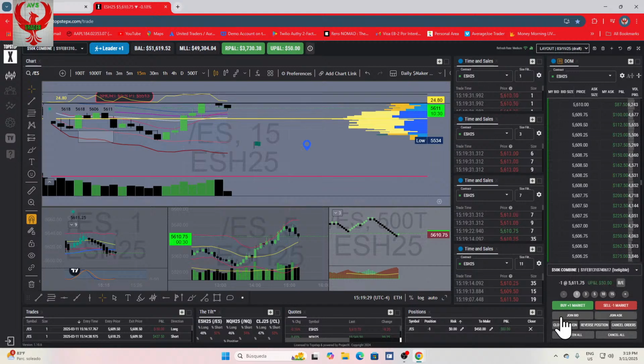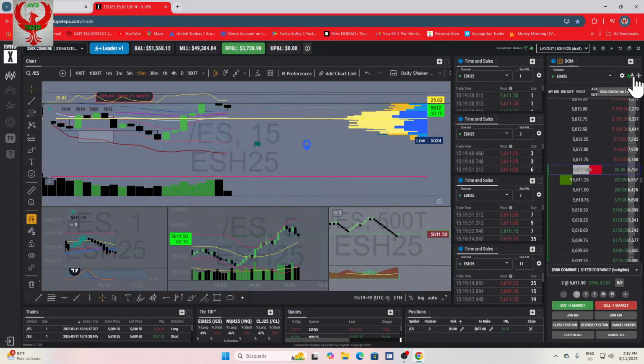You see like 149 sitting at 609.5 right now. That looks like size in the DOM. Typically you're seeing something from 80, 90 up to about 200. That to me is normal liquidity at any given level above or below.